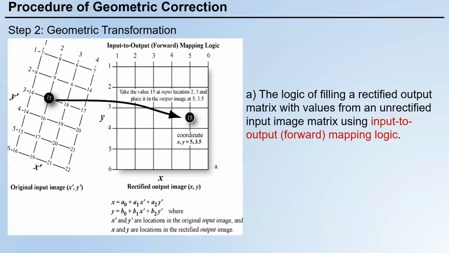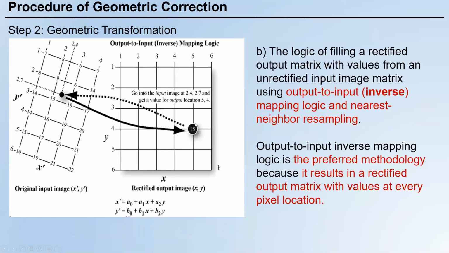Or you can use other spatial interpolation methods to do that. But in this class, for now, you don't have to know that. So this is a forward mapping logic from input to output. Another method is called output to input, or inverse mapping logic.